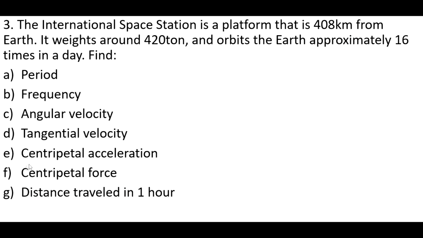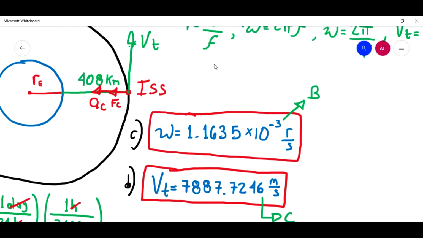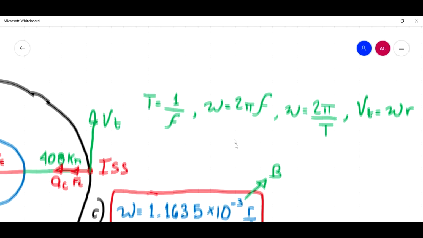Okay, so now let's find centripetal acceleration, centripetal force, and distance traveled in an hour. I'm gonna write the equations that I have to find the centripetal acceleration.